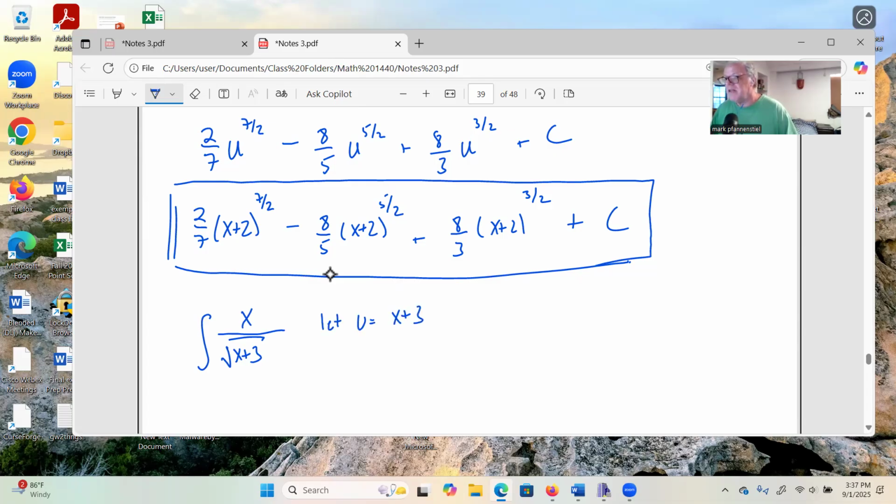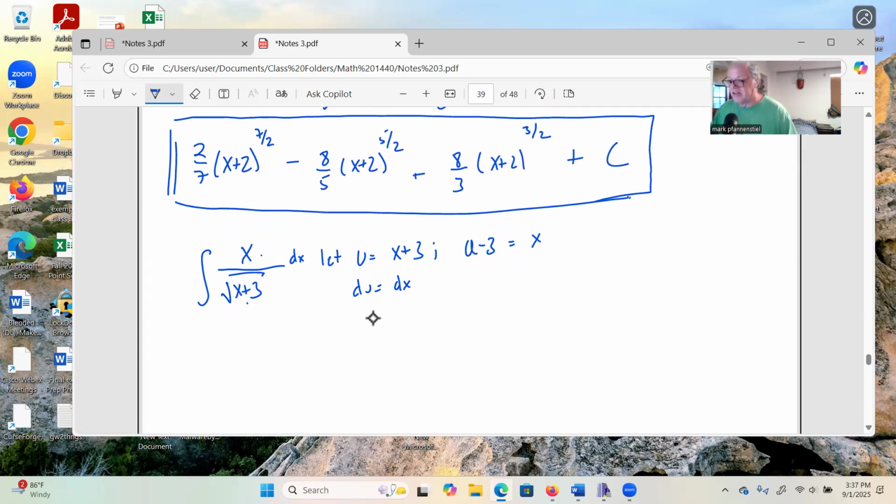My du is equal to dx, but I'm going to have a hard time changing this x into a u because I don't have a plus 3. I need another one. I don't have it. So we're going to say u minus 3 is equal to x.